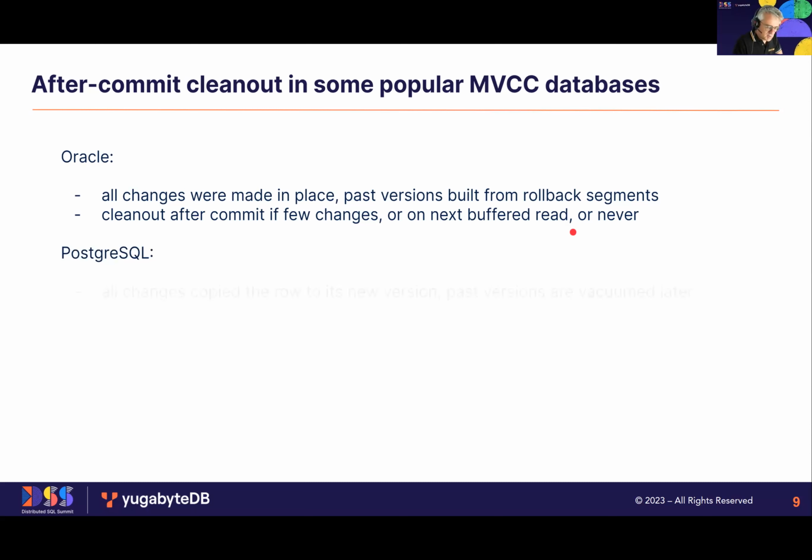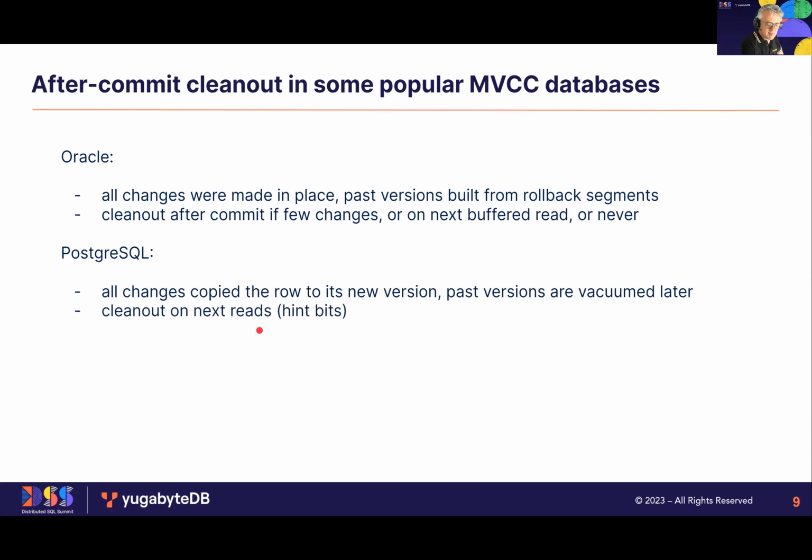In Postgres, the same, the next reads will clean up this information. It's not a job that runs asynchronously. It's piggybacked to the next read. And in both databases, you can do a select where you think it's only reading, but actually generating some redo log, some rows, because reads can write in those databases.